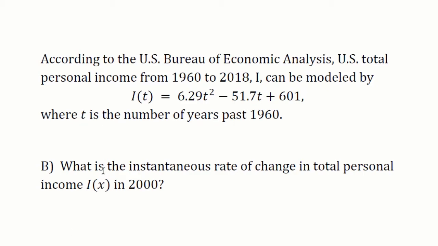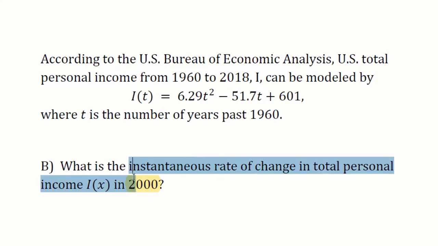But now the question in part B of our current example is: what is the instantaneous rate of change in total personal income in 2000? That's the information to be highlighted.